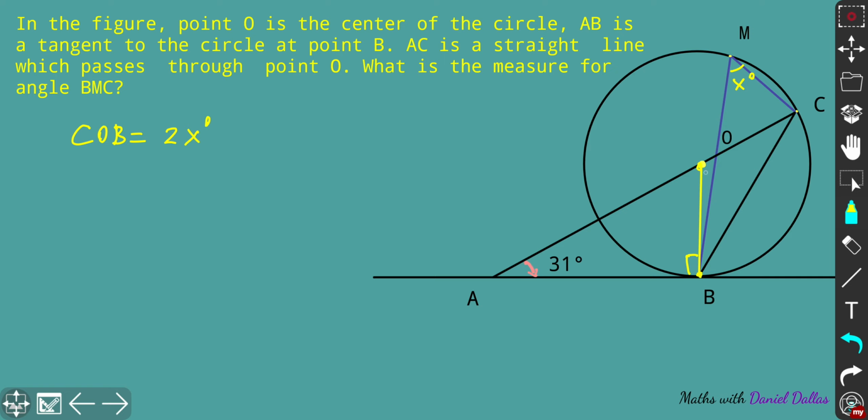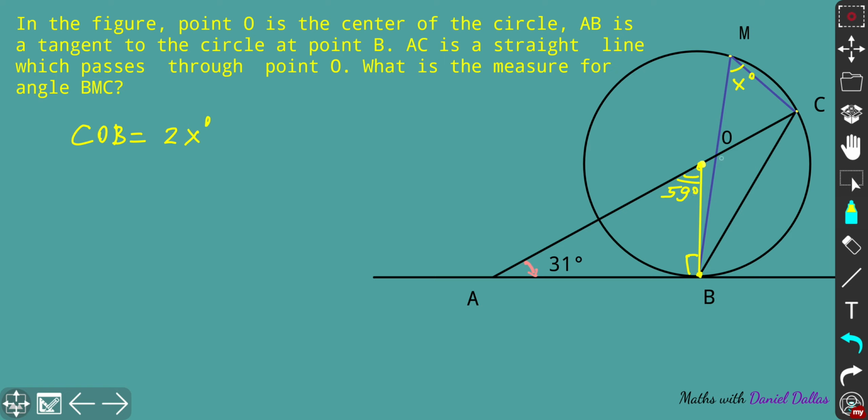That means if this angle is twice x, it's enough to find that angle. But this angle is pretty easy to calculate. It's 31, and 90 minus 31 is going to be the result. So this angle is simply 59 degrees.